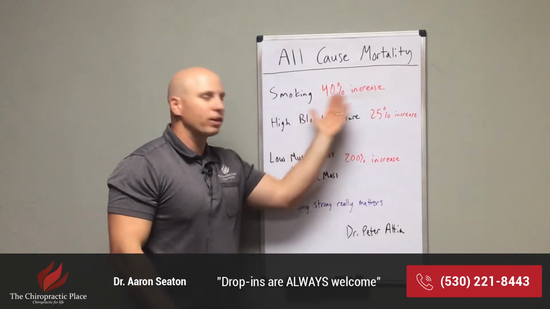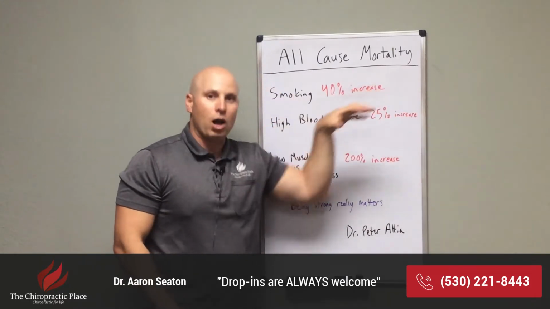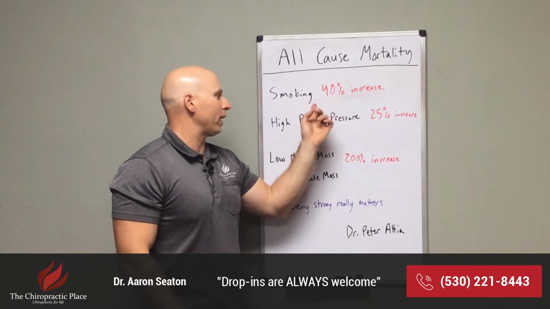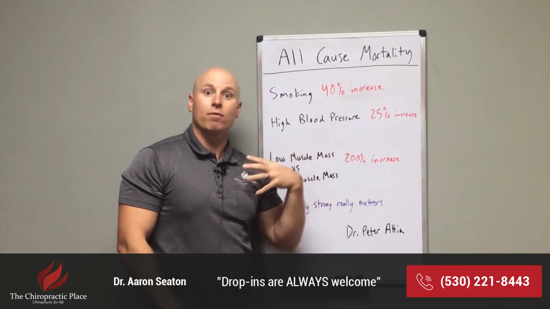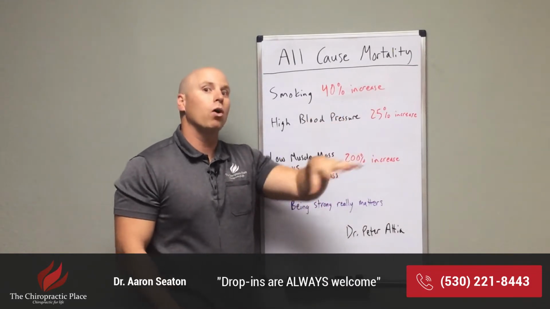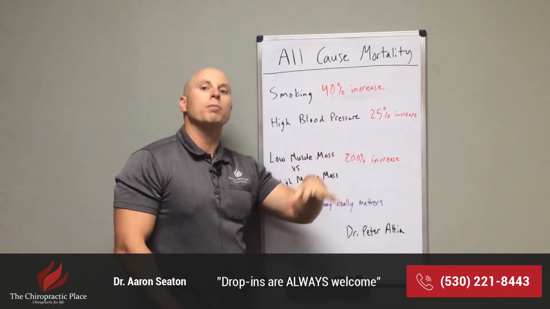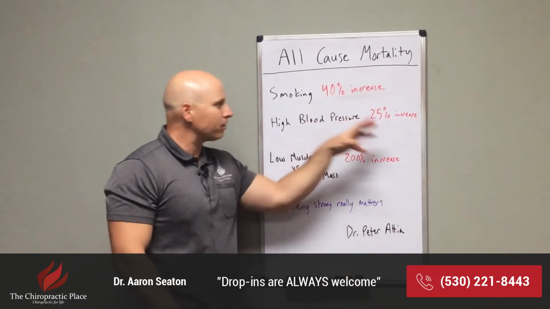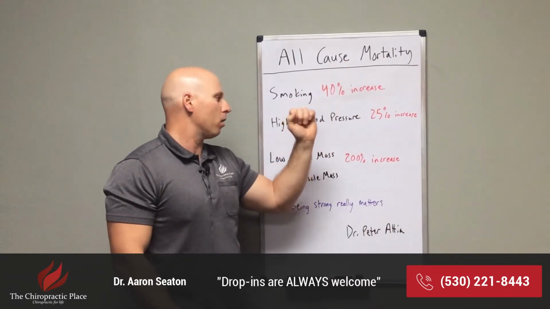So there is increased risk across the board with your health to smoking. With high blood pressure, it's a 25% increased risk of all causes of death versus people who don't have high blood pressure. So that's how all-cause mortality works.